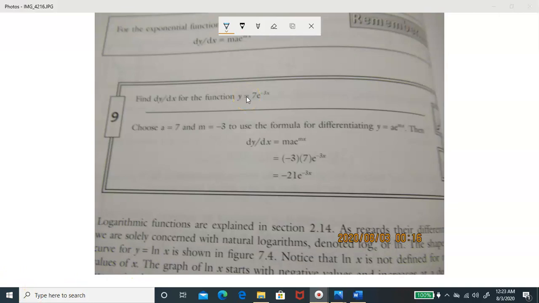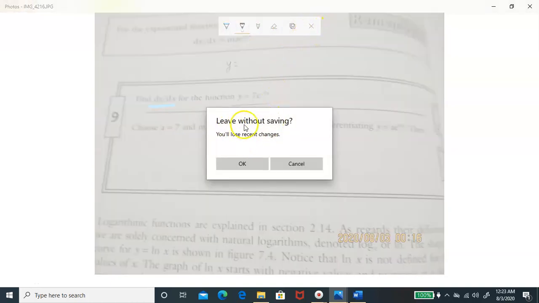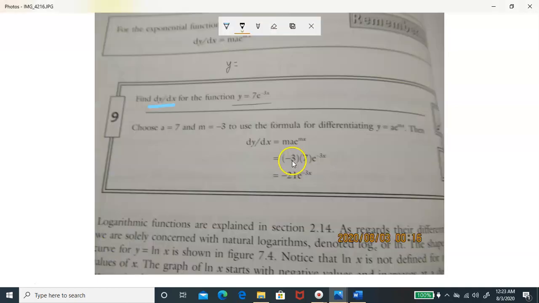So let us take a look at this problem, right? Find dy/dx, when the function is y equal to 7e^(-3x), right? So if we choose, like as we have done before with this example, remember before we said y equal to Ae^(mx).